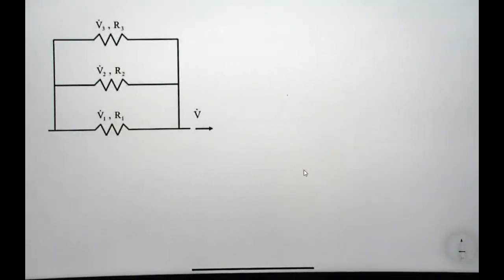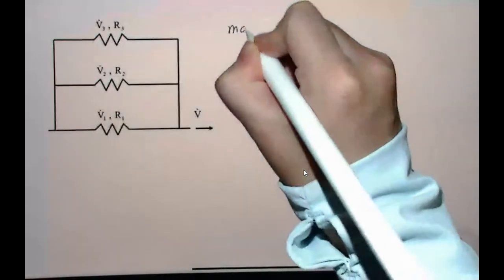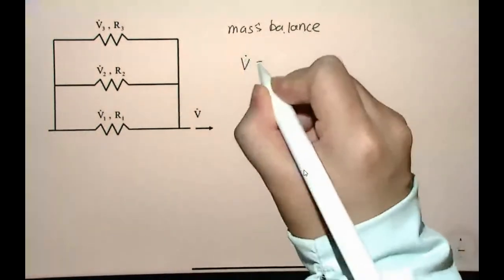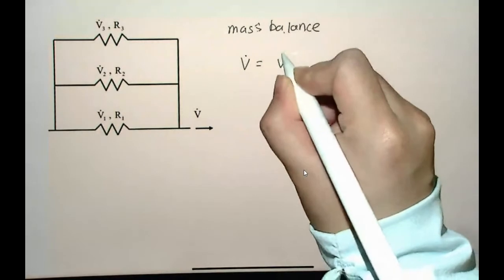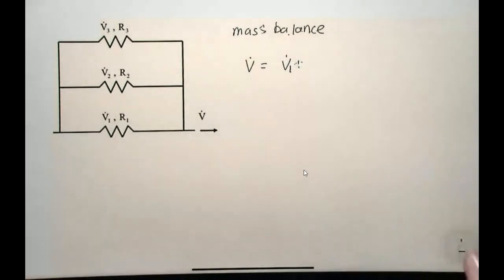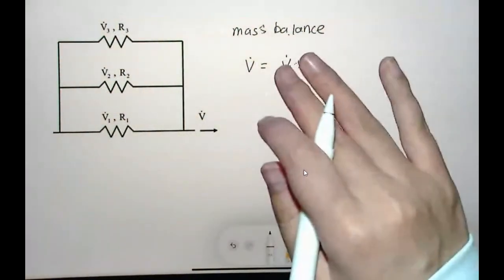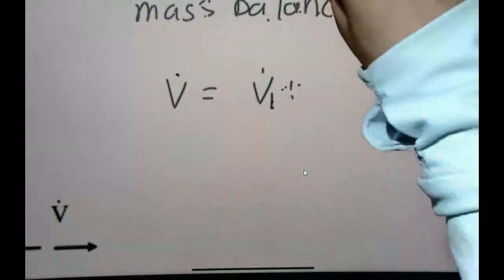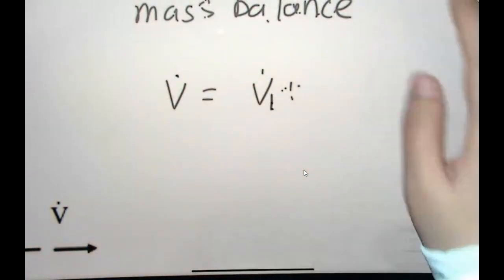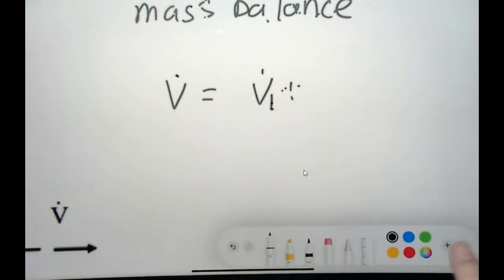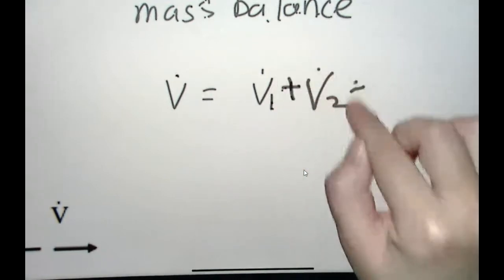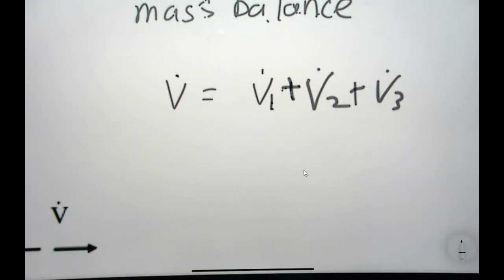So obviously, first of all, from mass balance, we know that V dot equals V dot 1 plus V dot 2 plus V dot 3.